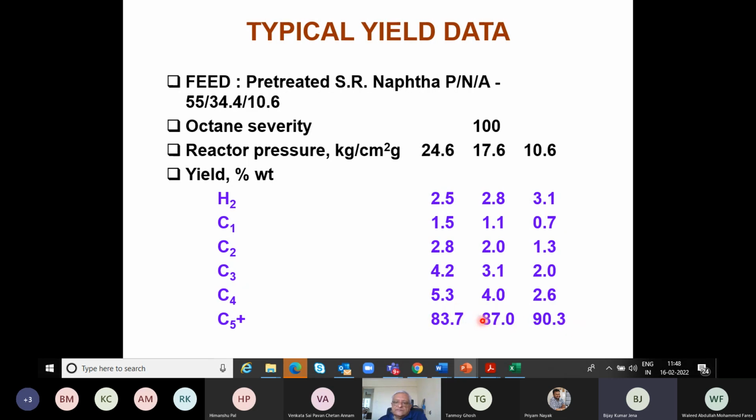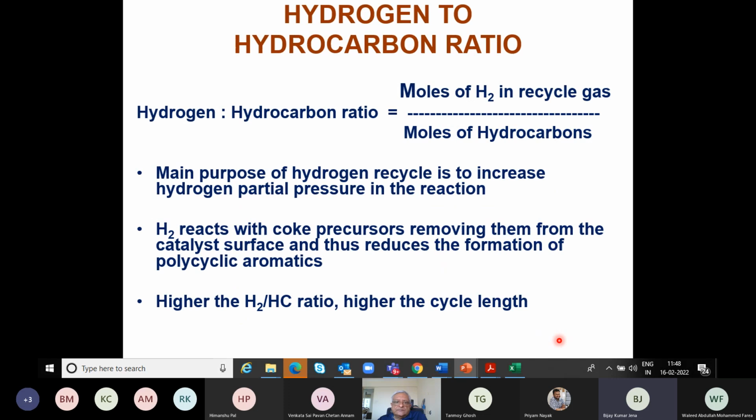If you go down on pressure, your yield goes up, and this is the advantage that we try to take advantage of in CCR reformers. So we get a higher liquid yield, but on the other hand, we get a higher coke deposit as well, which we compensate by continuous regeneration.